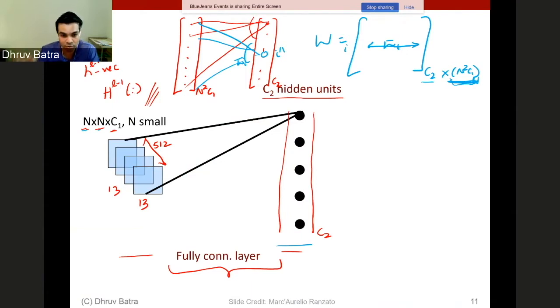Because the matrix is of a fixed size, if you try to perform HL equals W HL minus 1, where this vector is n tilde squared C1, this matrix-vector product is just not applicable. Can't do it.